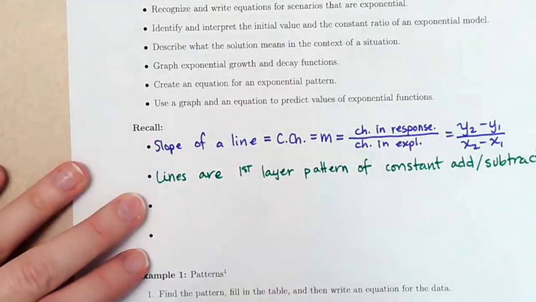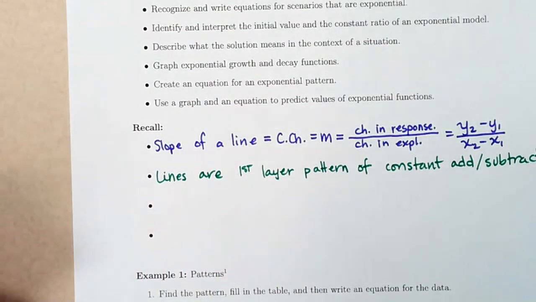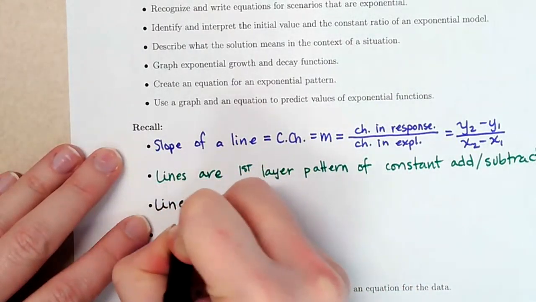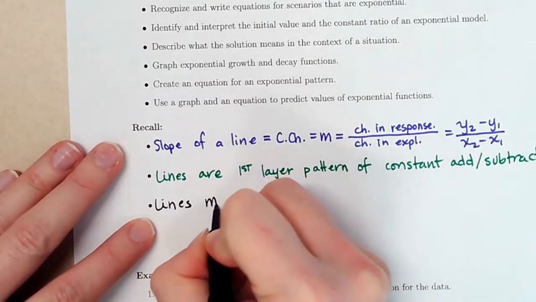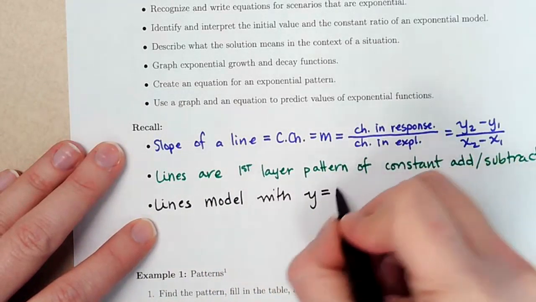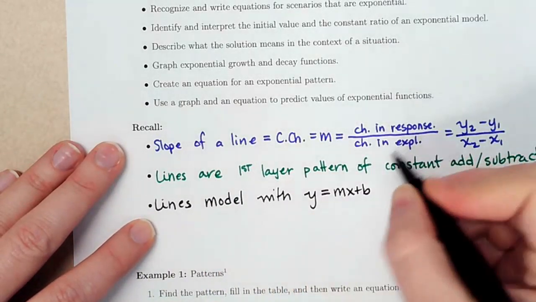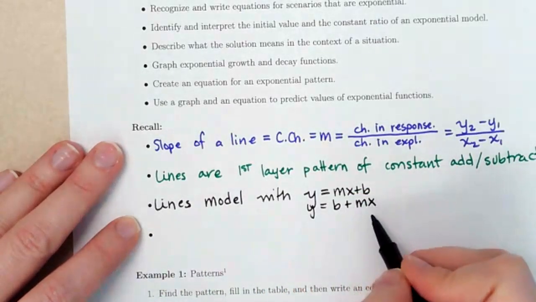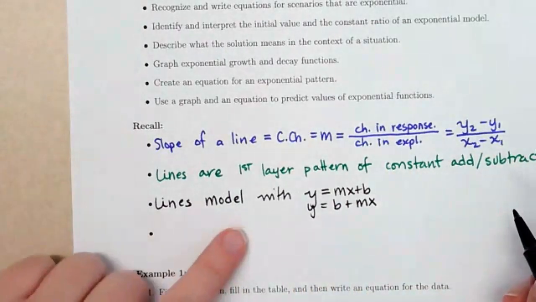And we know that lines are modeled with y equals either mx plus b, or I like b plus mx, the initial amount plus the constant rate of change however many times.